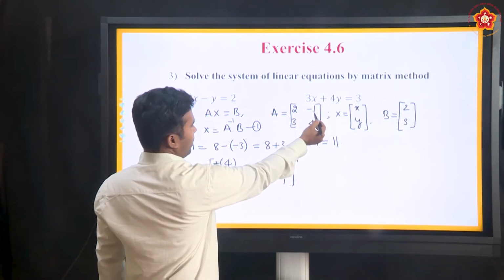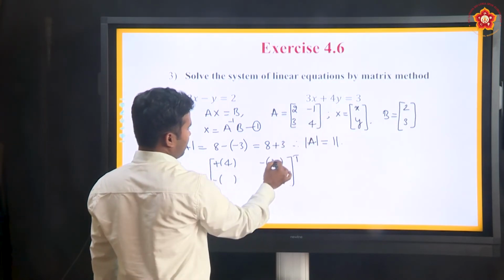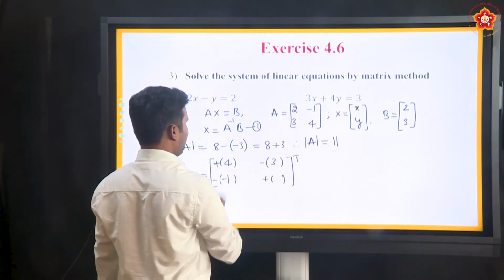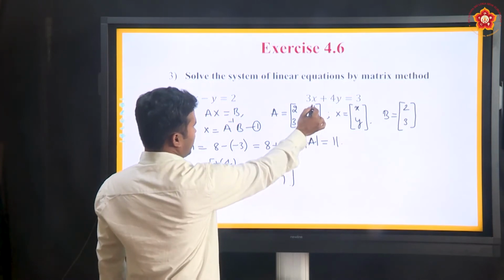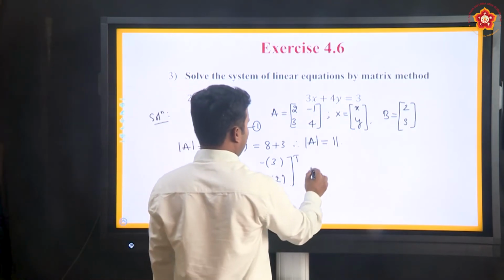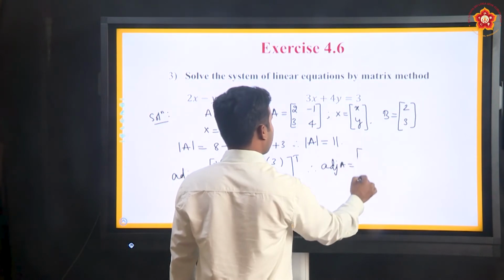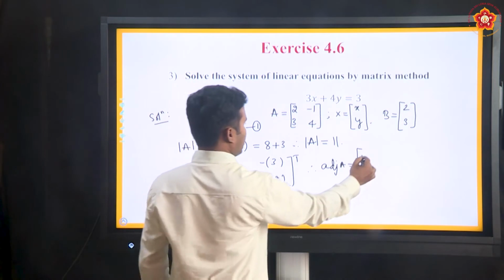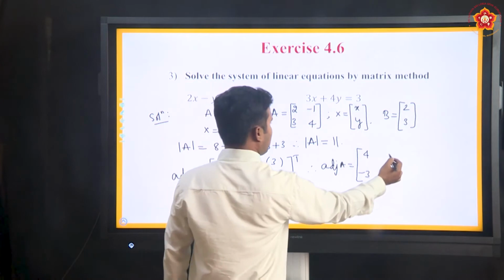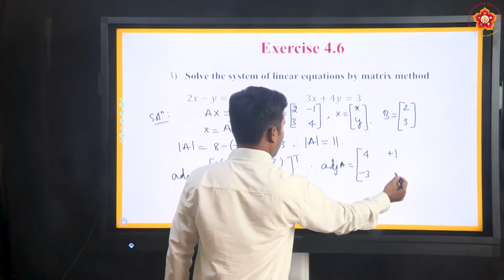Similarly, for the entry in the first row and second column, you delete that row and column, and what is left is 3. Here, deleting the first column and second row, we have minus 1, and deleting the second column and second row, what is left is 2. Therefore the adjoint of A is the transpose of this, that is 4, minus 3, minus into minus 1 is plus 1, and 2.